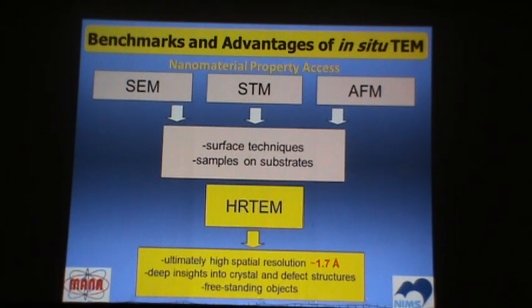And simultaneously we can get deep insights into the crystal structure, because we have possibilities of electron diffraction, we have possibilities of so-called electron energy loss spectroscopy, so we can get information about specialties of chemistry. And also we are working on freestanding structures.